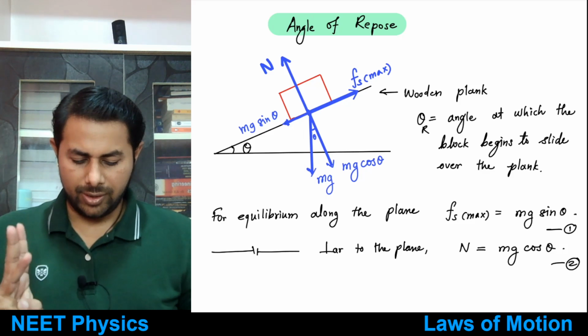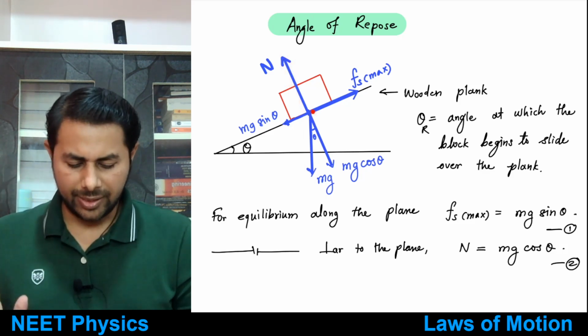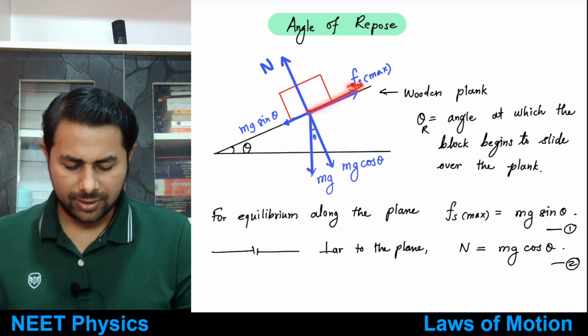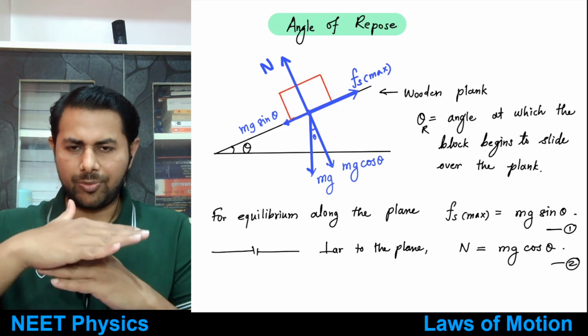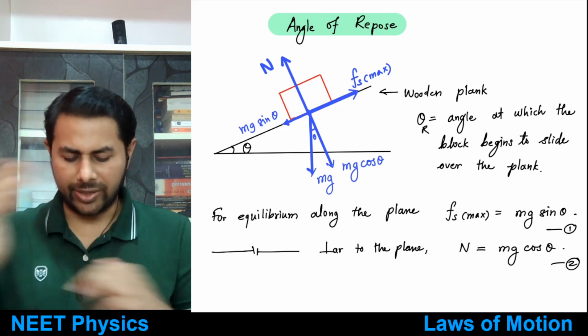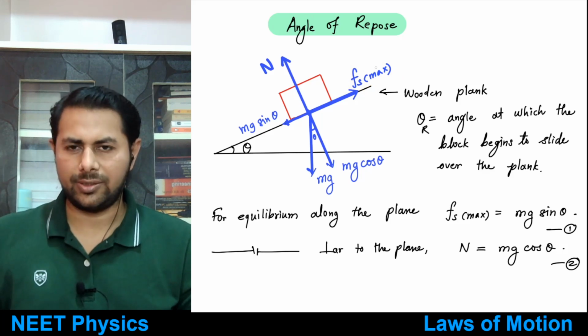One is the normal reaction, which is always perpendicular to the plane. One is gravity, which is downwards, and one is friction, which opposes the sliding motion. When you keep on increasing this angle, the frictional force will also increase.